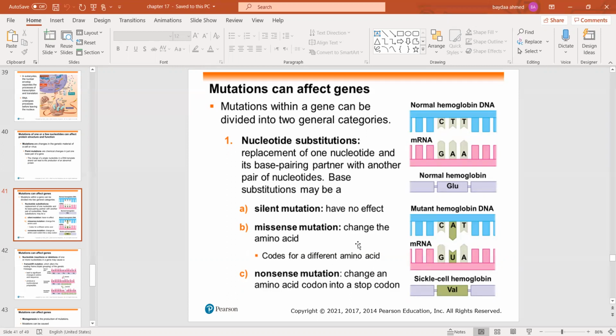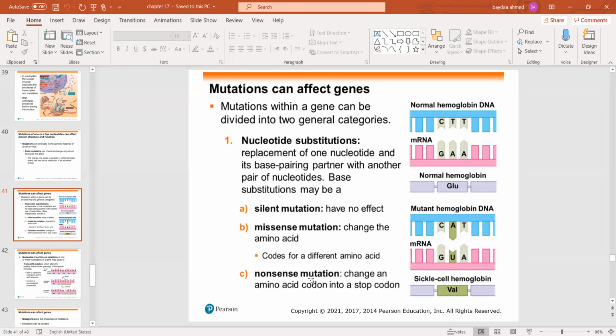Substitutions that change one amino acid to another one are called missense mutations. Such a mutation may have little effect on the protein. The new amino acid may have properties similar to those of the amino acid it replaces, or it may be in a region of the protein where the exact sequence of amino acids is not essential to the protein's function.